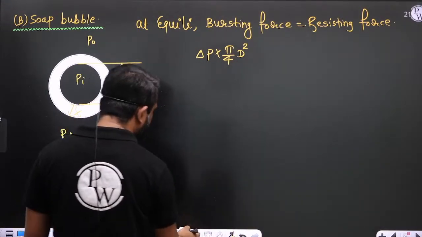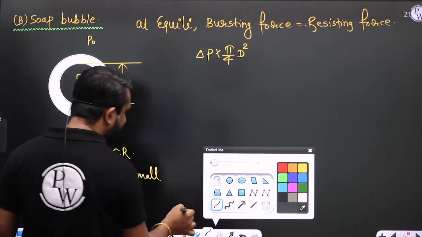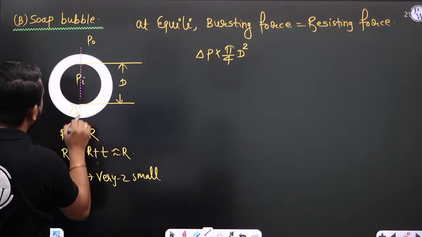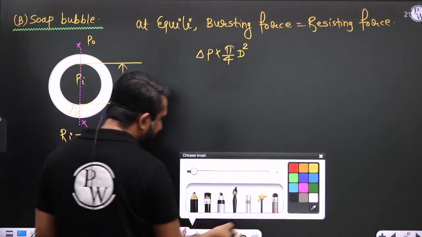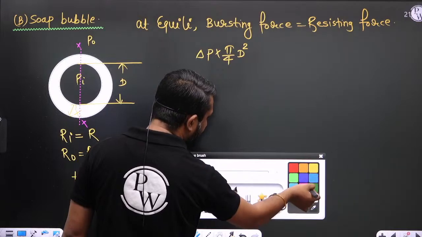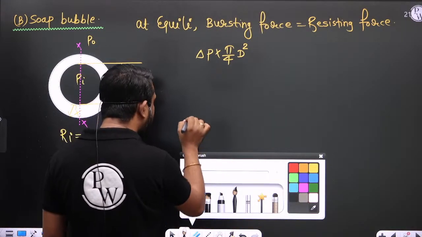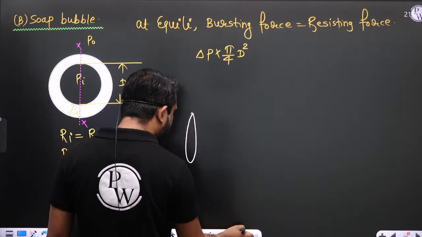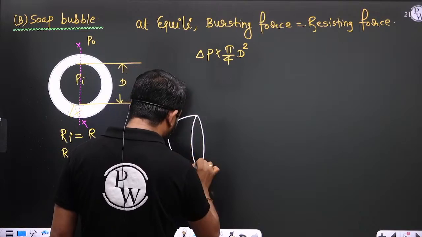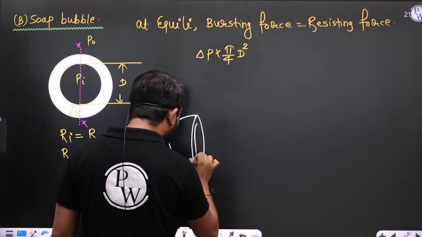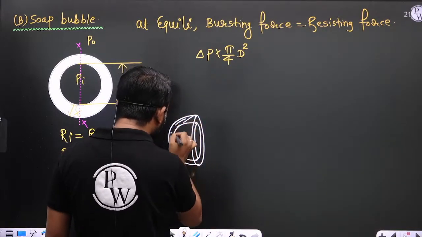If you cut a section like this, and if you draw the free body diagram, your free body diagram is like this.